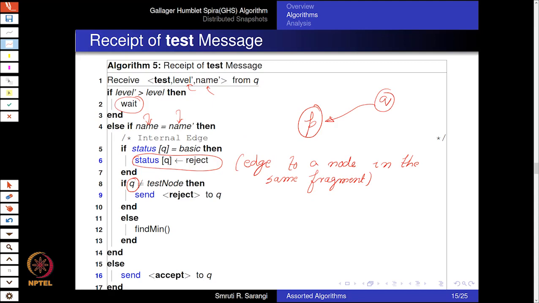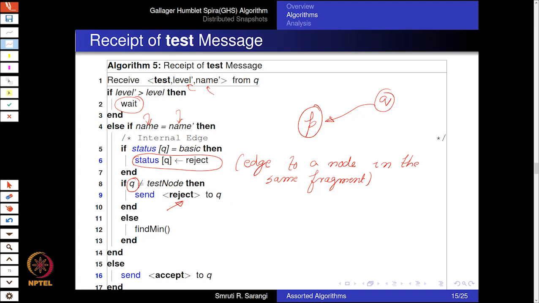If Q is not the test node, which means that I have not sent a message to Q saying, would you want to join me, because the status of this edge was unexplored, then clearly a reject message needs to be sent to Q telling it that, look, we can't join because we are actually a part of the same fragment.